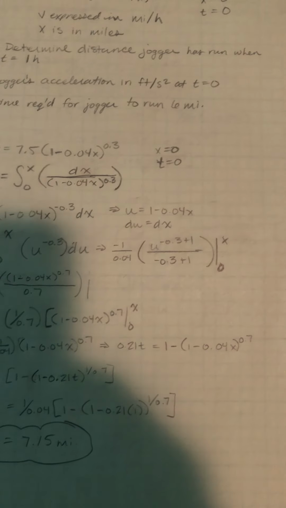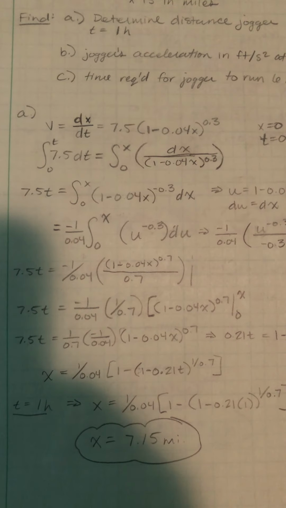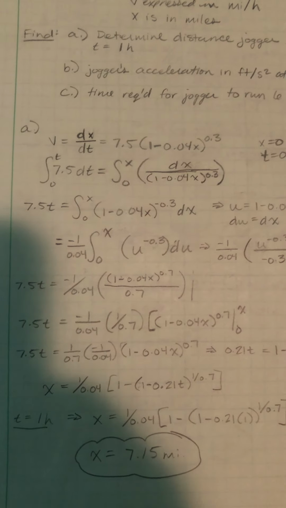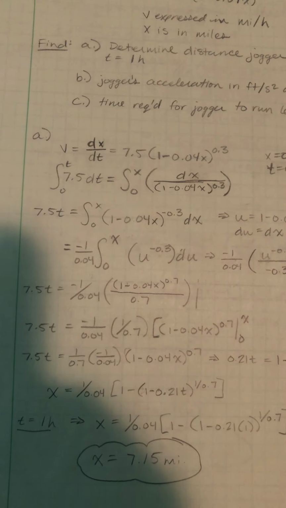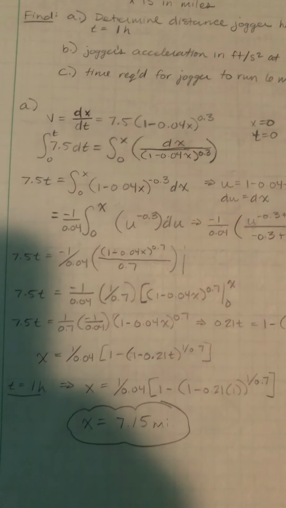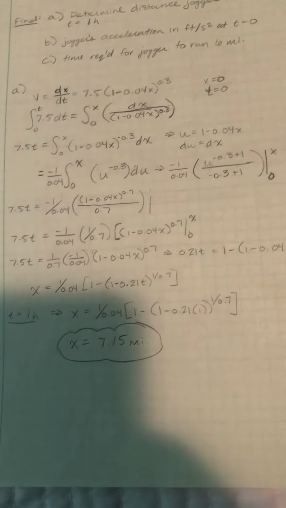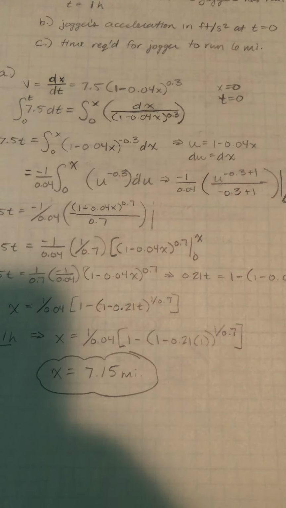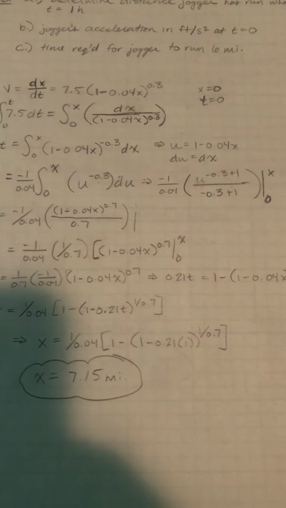We are able to find that the position x is equal to 1 over 0.04 times (1 minus (1 minus 0.21t) to the 1 over 0.7). Plugging in that the time is equal to 1 hour, we find that the distance x is equal to 7.1 miles.